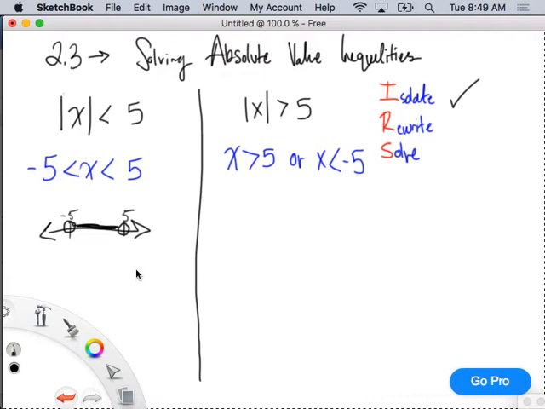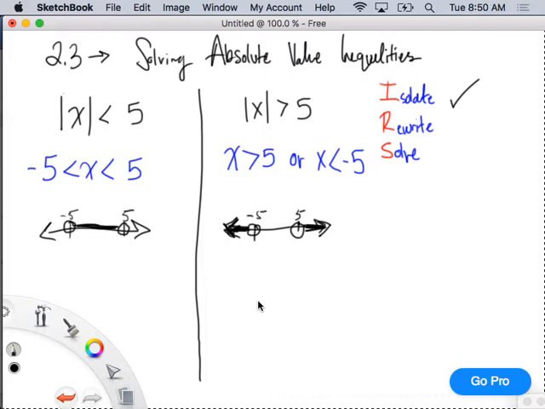Is that clear? In this case, it's also -5 and 5, but x is greater than 5, so it would be these solutions here, and x is less than -5, so it would be these solutions here. Does that make sense to you guys? Any questions on that?